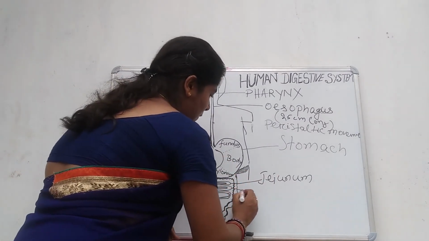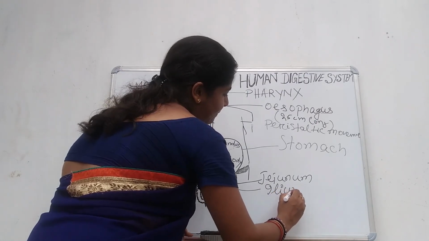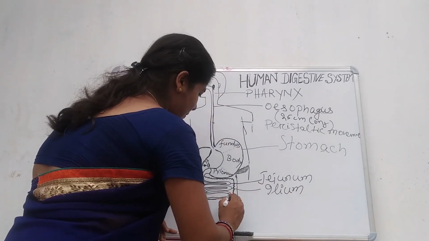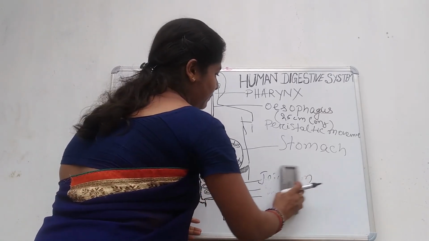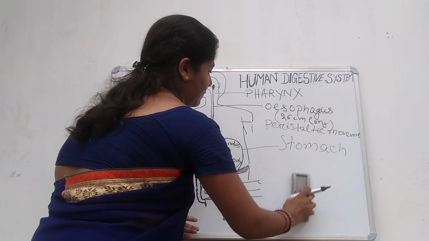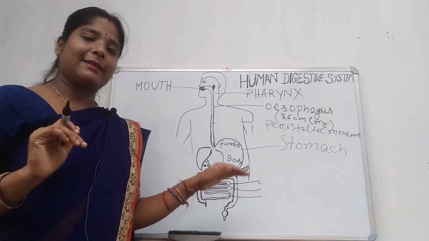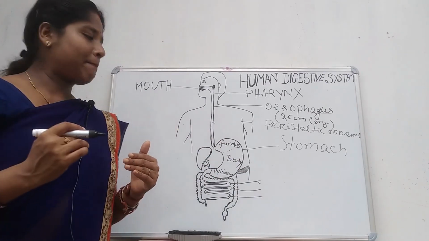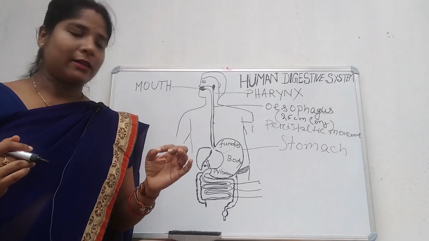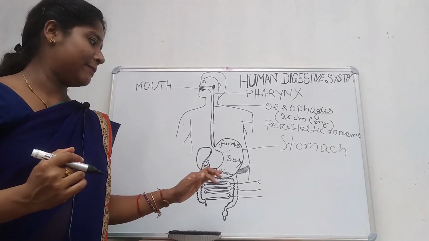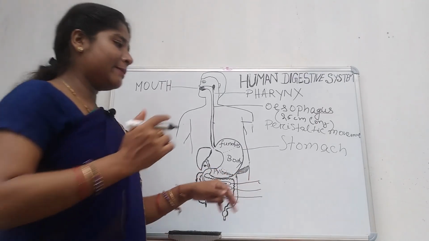ileum, and the small intestine is a hollow muscular part having length 30 centimeter and 1.5 centimeter diameter, and it is divided into 3 parts such as duodenum, jejunum and ileum.